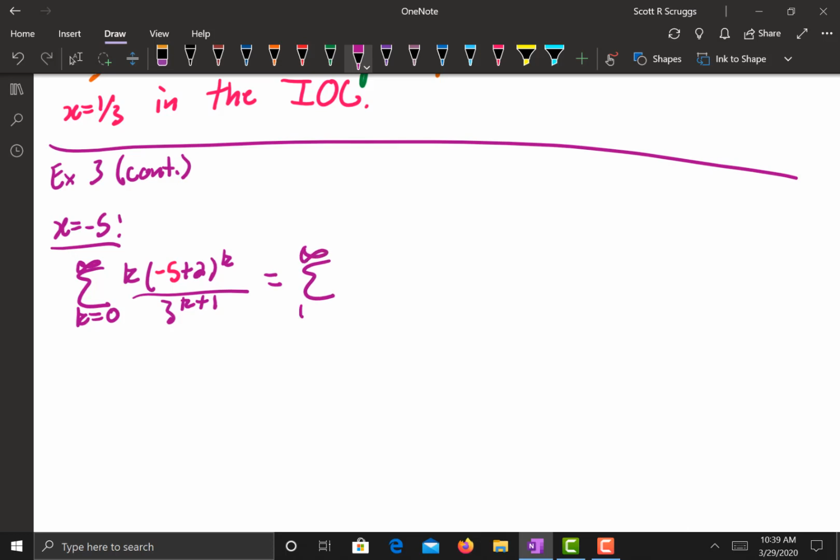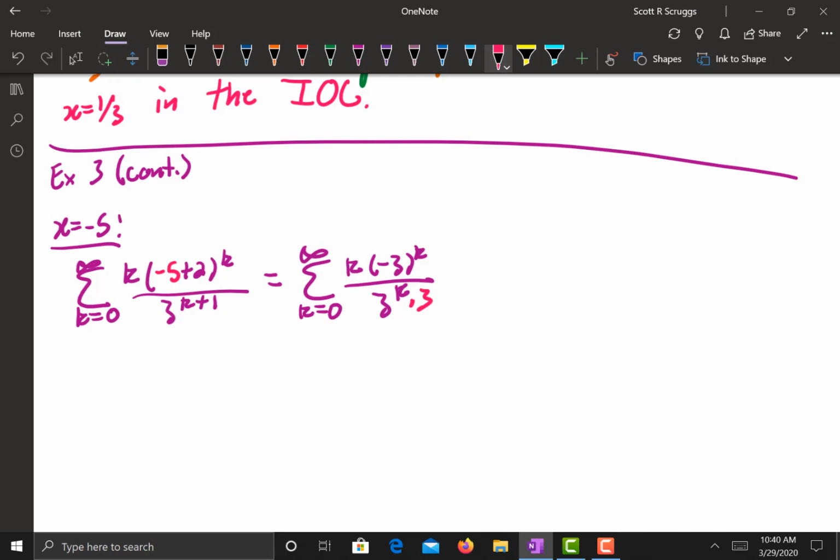And so now I have the sum of k times (-3) to the kth power divided by 3 to the k plus 1 power. Because of that k plus 1 power, I have an extra 3 that I include there.